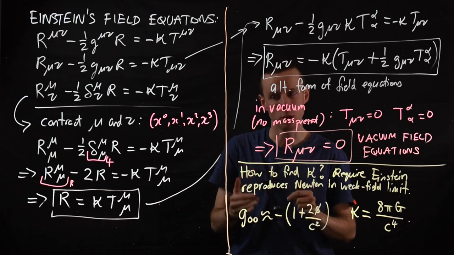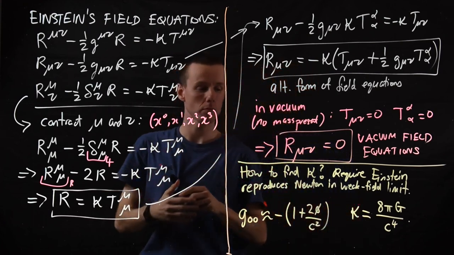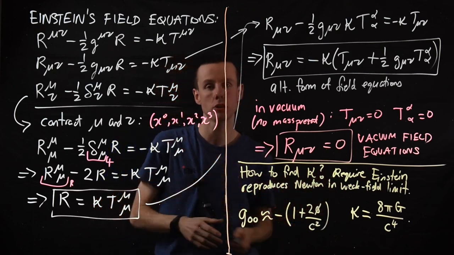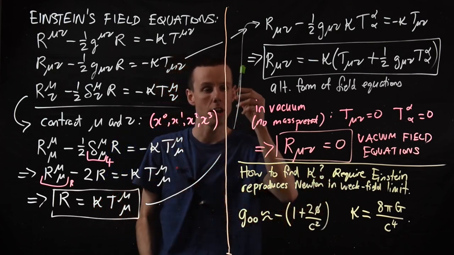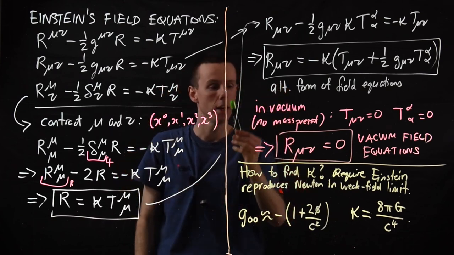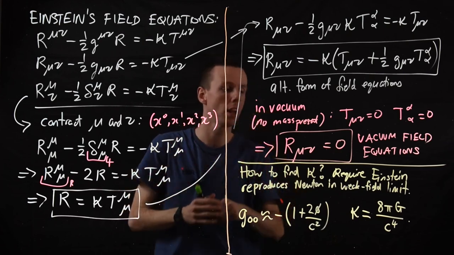In the next video, what we're going to look at is one specific solution of the vacuum field equations, and it's the case where, as I've mentioned, you have a gravitational field generated by a star just sitting there, a non-rotating spherically symmetric star.